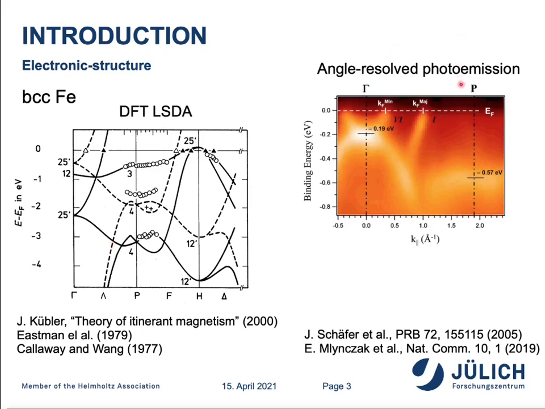Thus, in contrast to the DFT bands, each band in the experimental spectrum has a line width. The line width that I'm referring to has a quantum mechanical nature due to the scattering processes, and in this case has nothing to do with the experimental resolution. The line width is inversely proportional to the electronic state lifetime, and therefore has an important influence on the functionality of an electronic device.